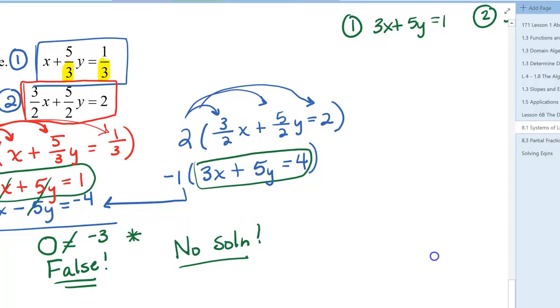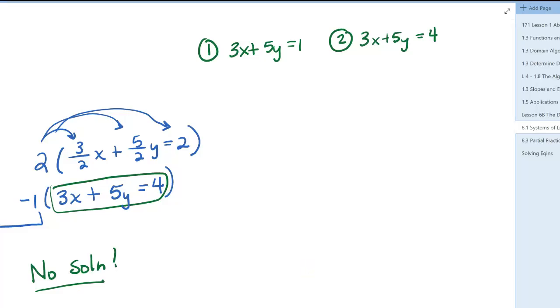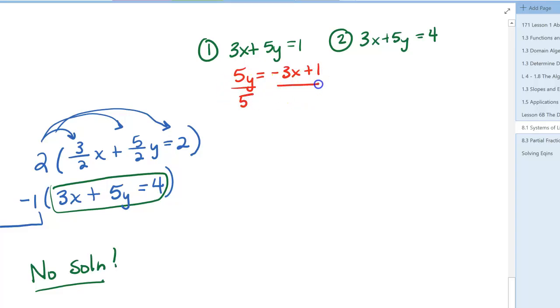And I'm going to solve these equations for y. So for the first one, I'm going to subtract 3x from both sides, which will give me 5y equals negative 3x plus 1. And then if I divide both sides by 5, that's going to give me y equals negative 3/5 x plus 1/5.